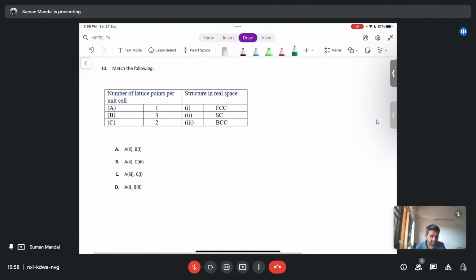So to end, I think we have an easy question. How many lattice points per unit cell are there for simple cubic, body-centered cubic and face-centered cubic structures in real space?